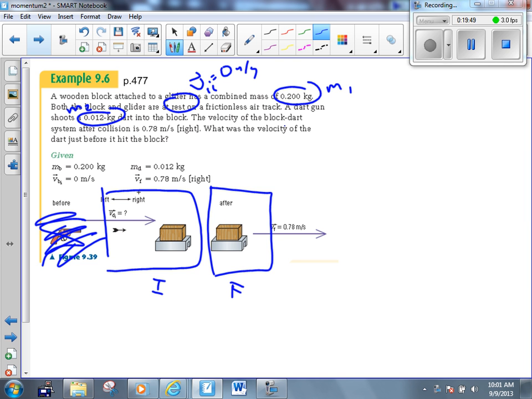We're looking for the velocity of the dart just before it hits, so we're looking for v2i. We don't know what that is. And the velocity of this block-dart system afterwards, since they stick together and move off at the same velocity, we're just going to call vf. Not v1f, not v2f. They're both going off as one object.